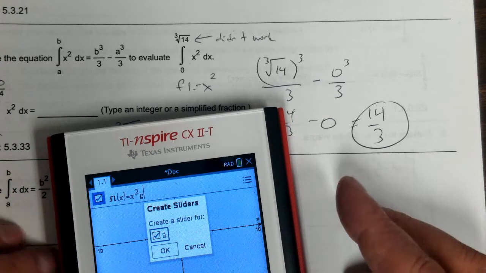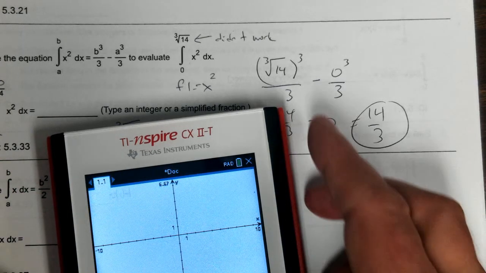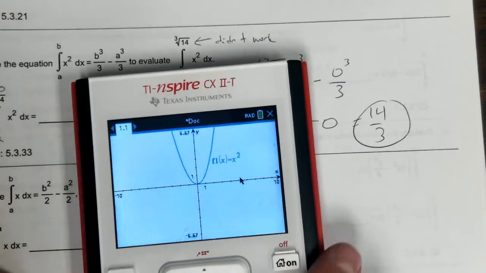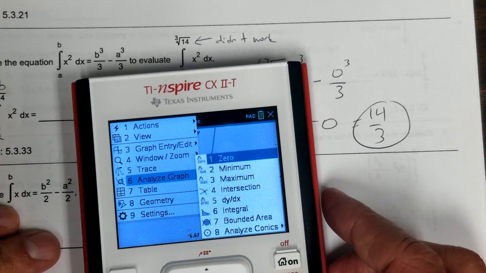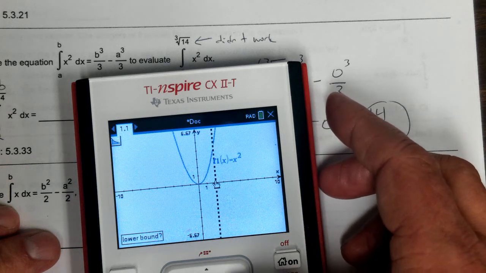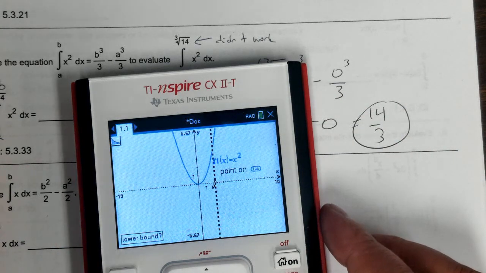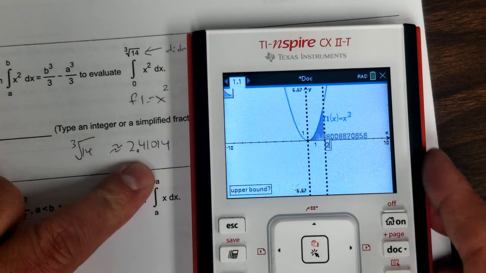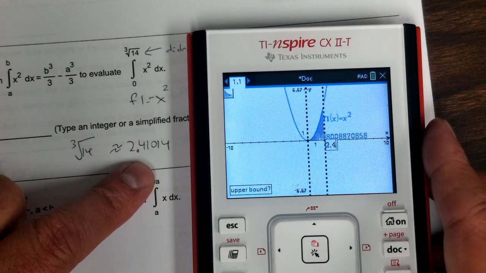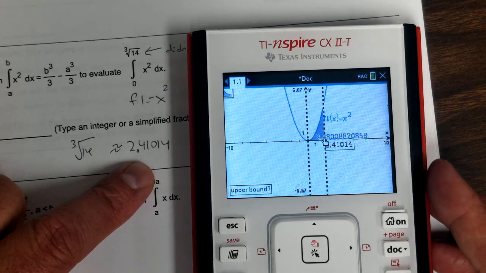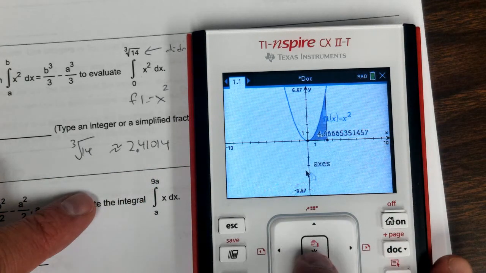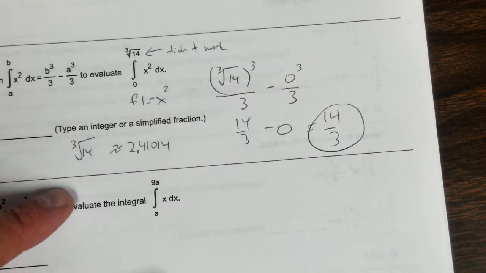Oops, not g. And then analyze the integral from 0 to 2.41014. Okay, so this gives me 4.6 repeat, basically.